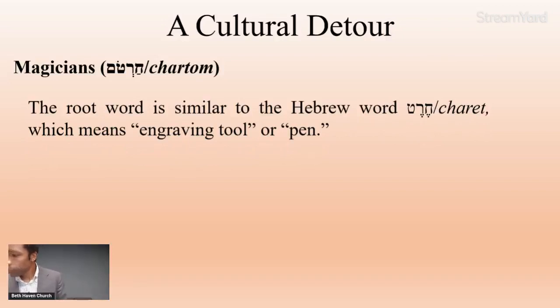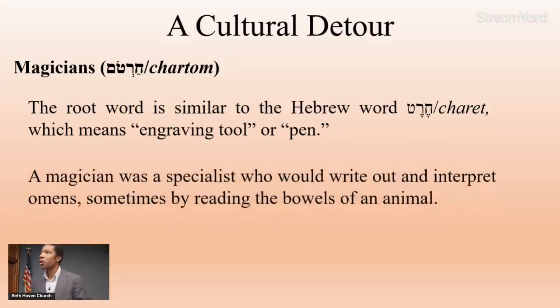Now, this is very fascinating because the magician in this particular culture was a specialist who would write out particular spells and omens and would interpret them, usually by reading the entrails of an animal in a bowl. So they would take the entrails of the animal. Sometimes they would dip it in its blood. They would write out what they saw in the entrails, and then they would give it to either the king or the person in high authority.